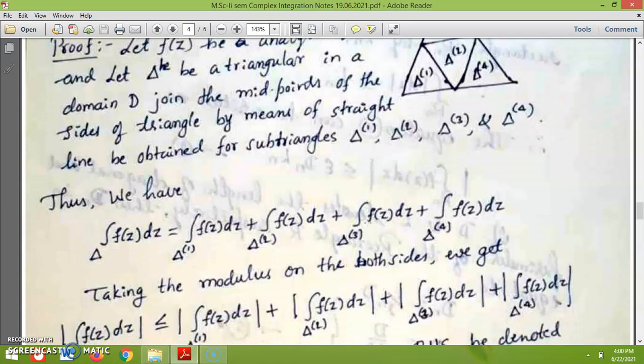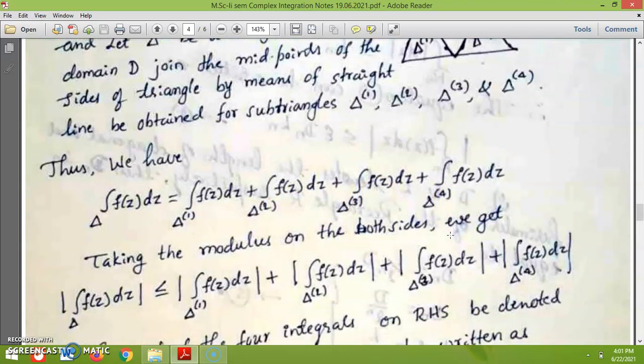Then the integration of f of z over the closed triangle is equal to the sum of the integrations of f of z over all those triangles, respectively delta 1, delta 2, delta 3, delta 4.